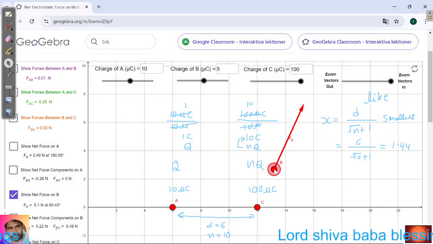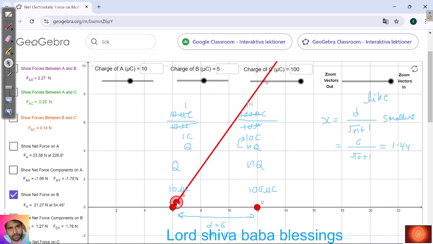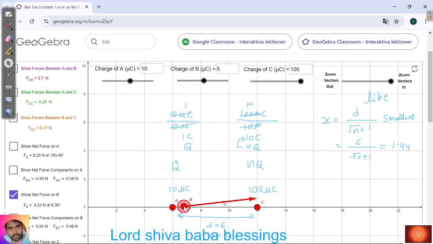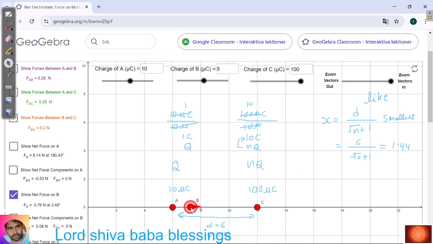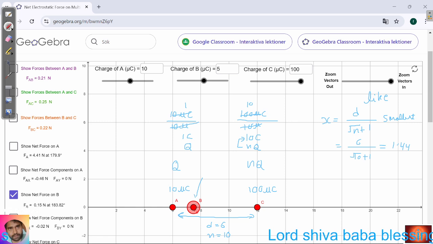So at a distance of 1.44 from the smallest charge, it is experiencing no force. So this is your null point.